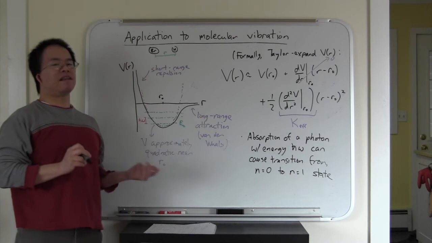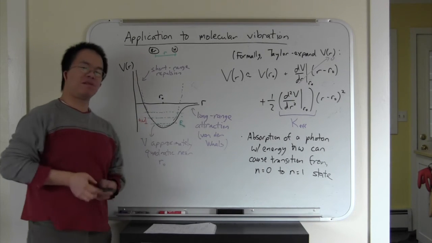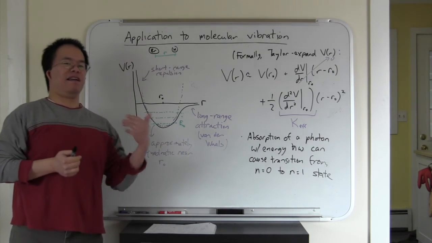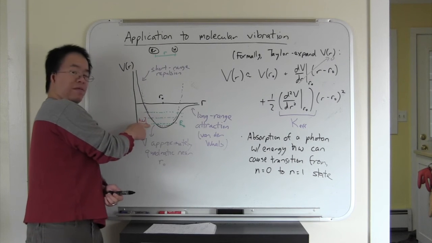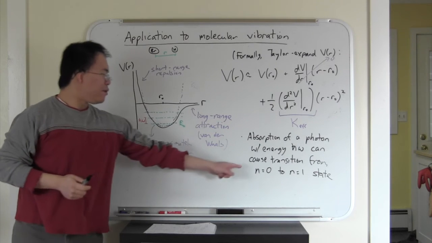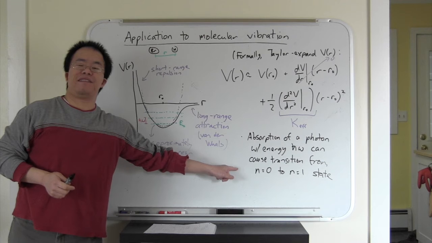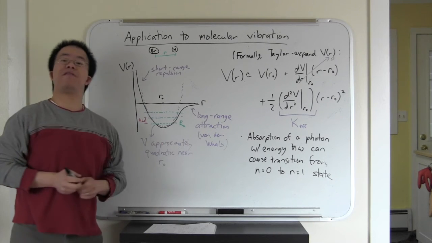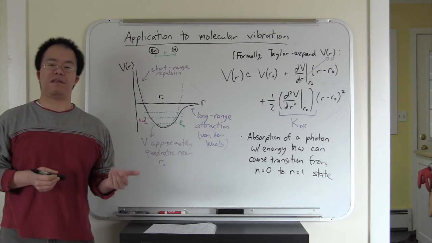Similarly, if you were already in an excited state, at n equals 1, you could go up to n equals 2. Or you could generalize this: if you were in the ground state and absorbed a photon of energy 2 h bar omega, you could get from here up to there. This is really important because it means you can detect evidence for these molecular vibrations by measuring how these molecules interact with light.